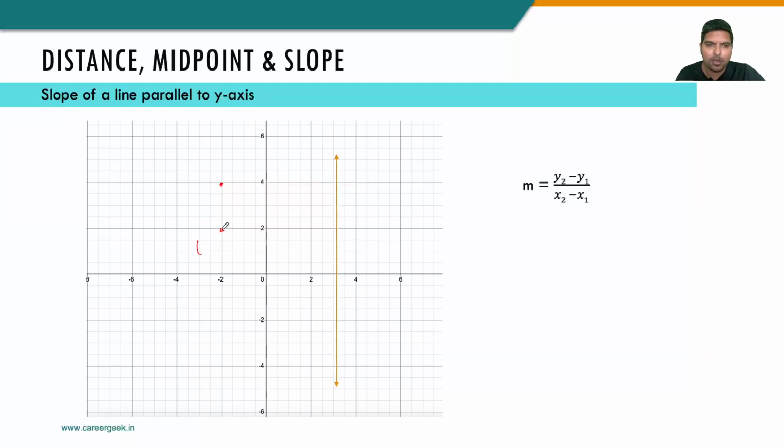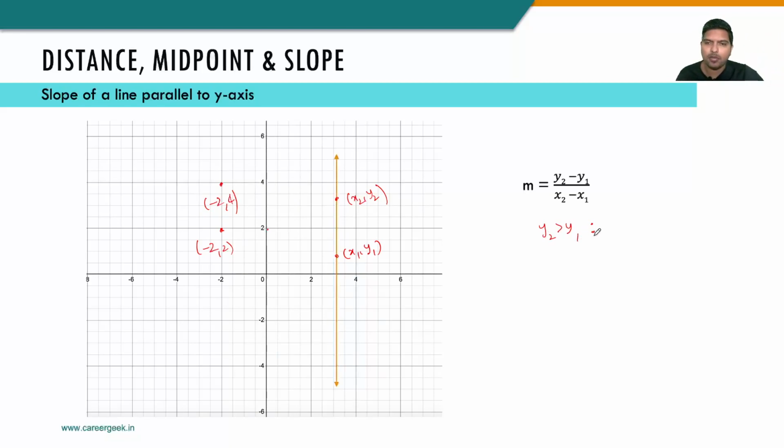So if I have to take the coordinates of this, x is -2 and y is 2. x is -2, y is 4. So up and down, right? As you move up and down, y changes, but x doesn't change. So if I take any 2 points, x1, y1 and x2, y2, what's happening here? That y2 is greater than y1 for sure, right?